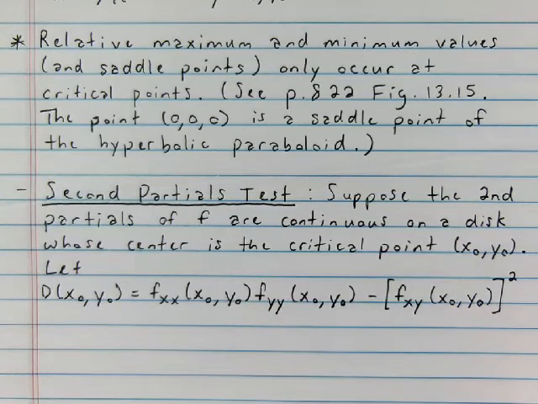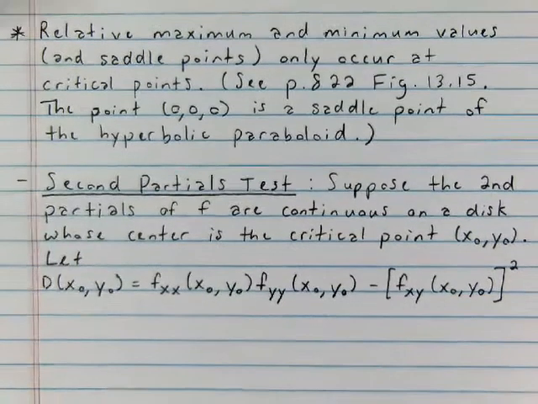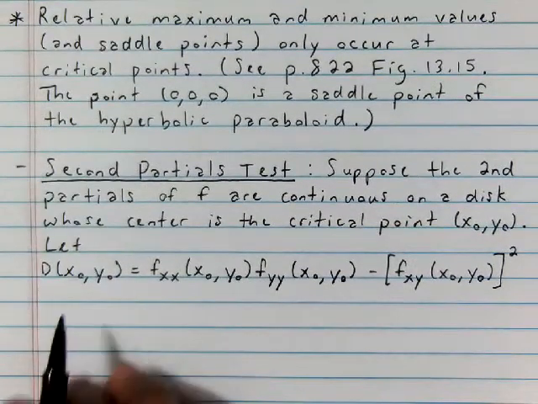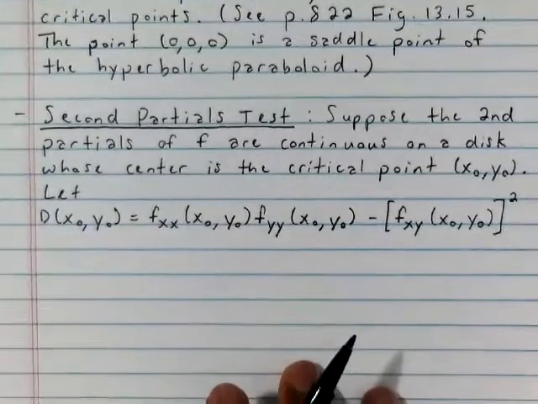That last term is squared. All right, so we're going to use this function D to determine if the critical point (x naught, y naught) is a saddle point, a relative max or a relative min.